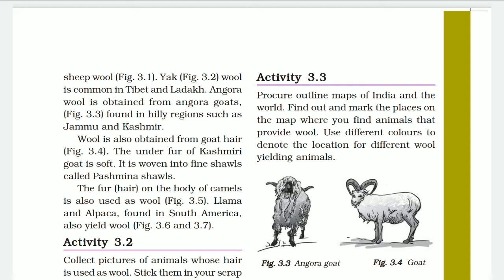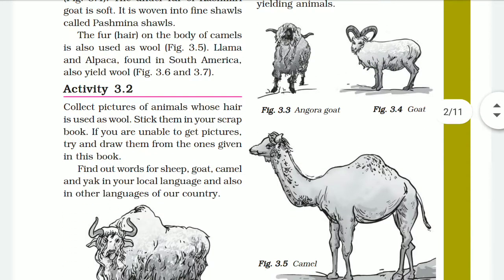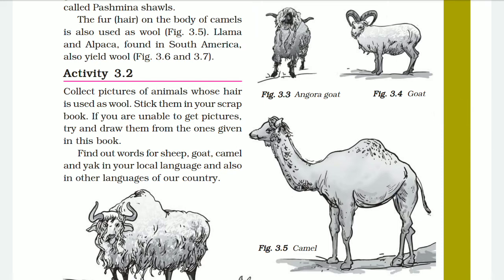The fur on the body of the camel is also used as wool. Llama and alpaca found in South America also yield wool. In activity 3.2 it says collect pictures of animals whose hair is used as wool.